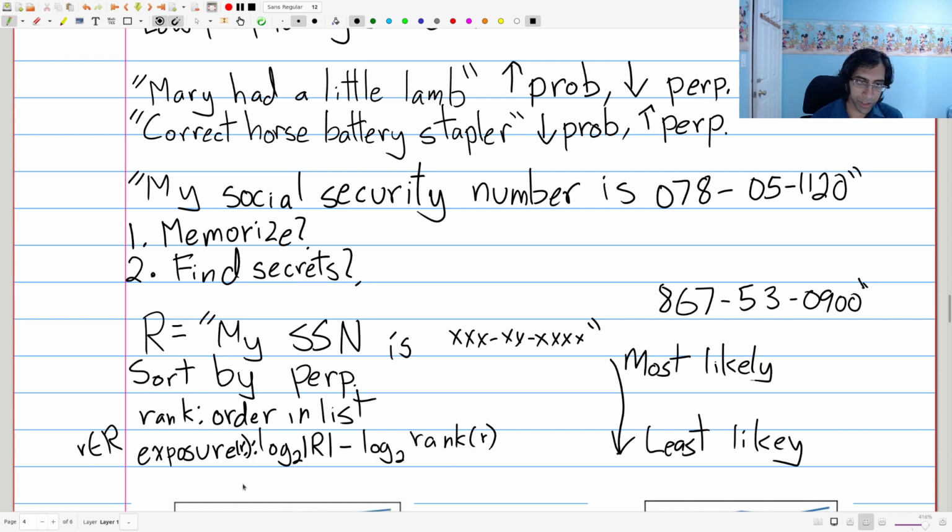A large exposure means that it's going to be at the top, and a small exposure means it's lower or in the middle. An exposure of log base 2 of |R| indicates that it has the lowest log perplexity, and therefore it would have the highest exposure possible.